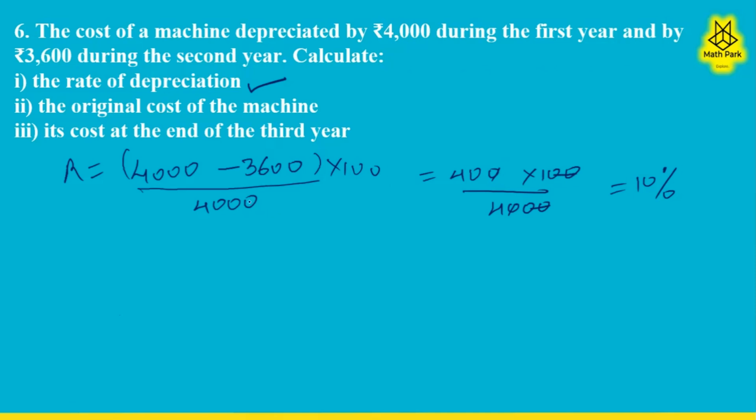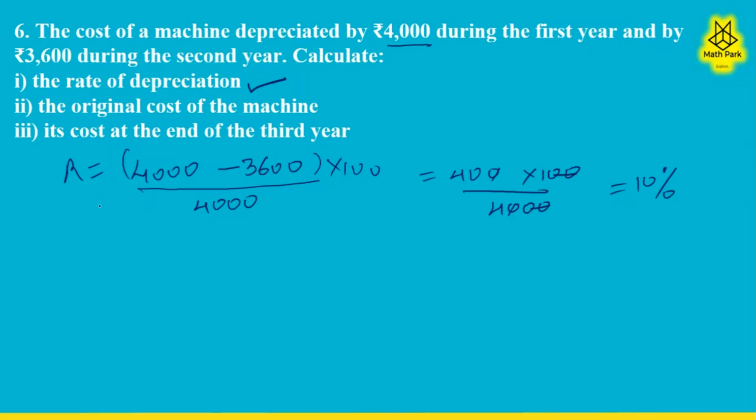Next, we calculate the original cost of the machine. To find the original cost of the machine, first we take the depreciation given to you as 4,000 for the first year.